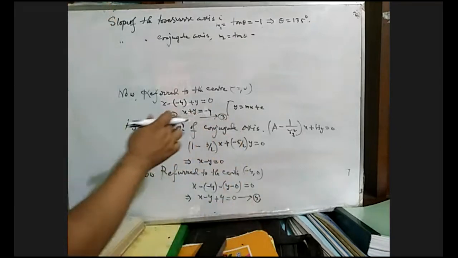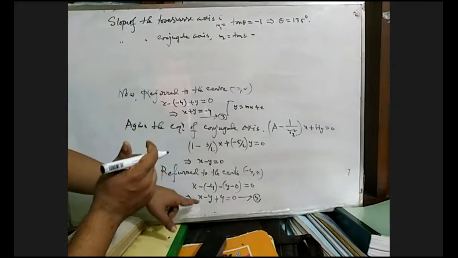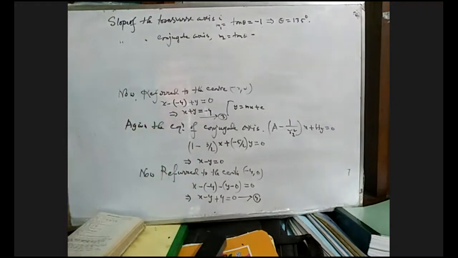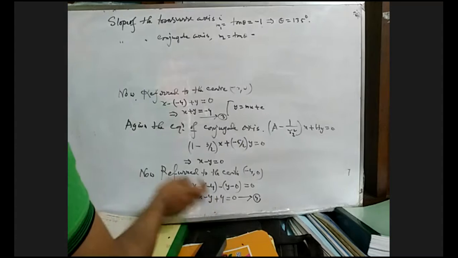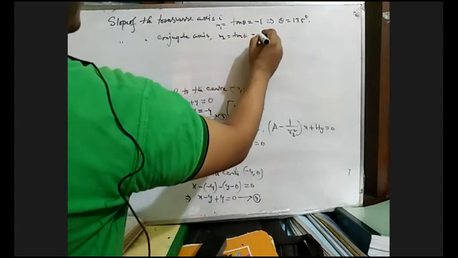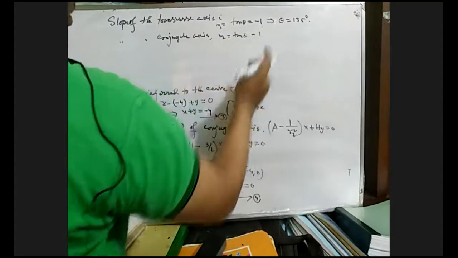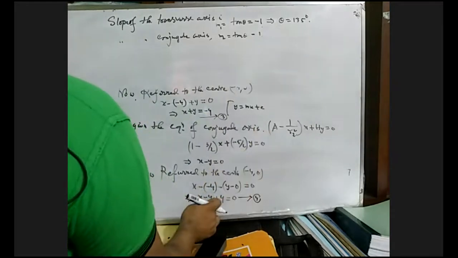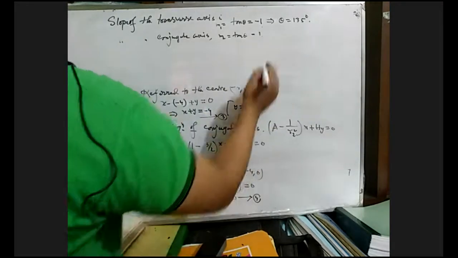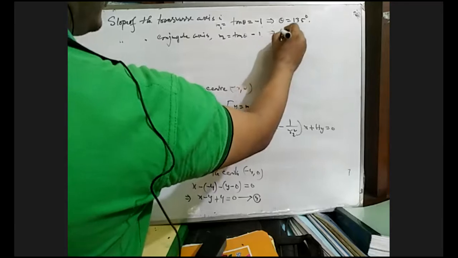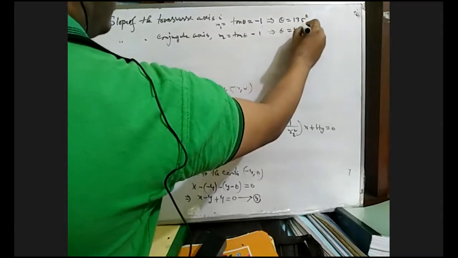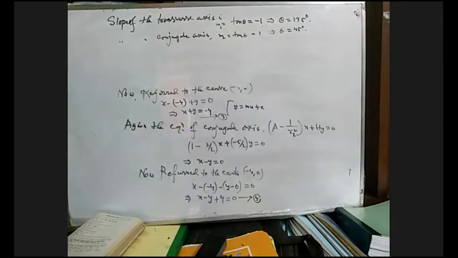This is the first, the equation of the transverse axis, and the equation of the conjugate axis. So from this we get the slope: tan theta equals 1, because m equals 1. Y equals mx plus c. So from this theta equals 45 degrees, right?